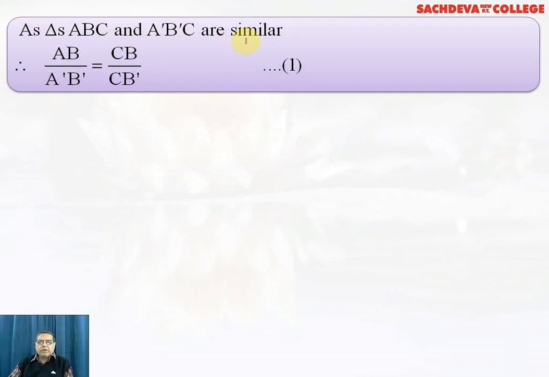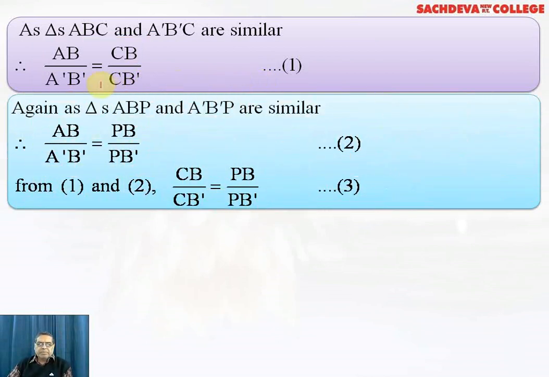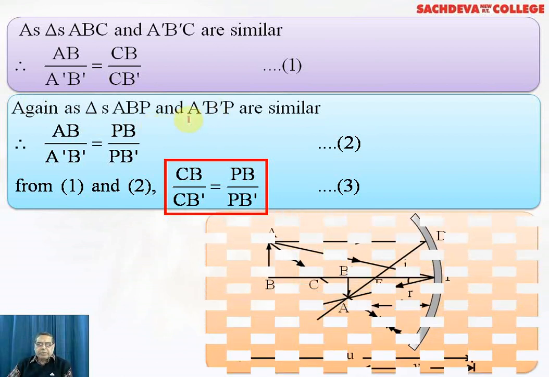So according to the figure described earlier, we find that AB over A dash B dash, that is the size of the actual object to the size of the image formed, will be equal to CB over CB dash. So from the triangles, geometrically we have to prove the things. So CB over CB dash must be equal to PV over PV dash.